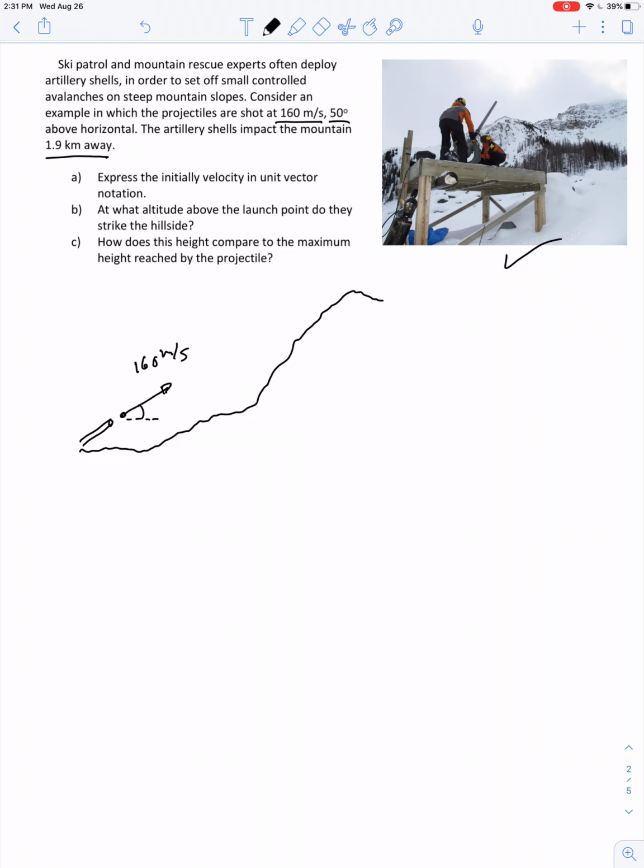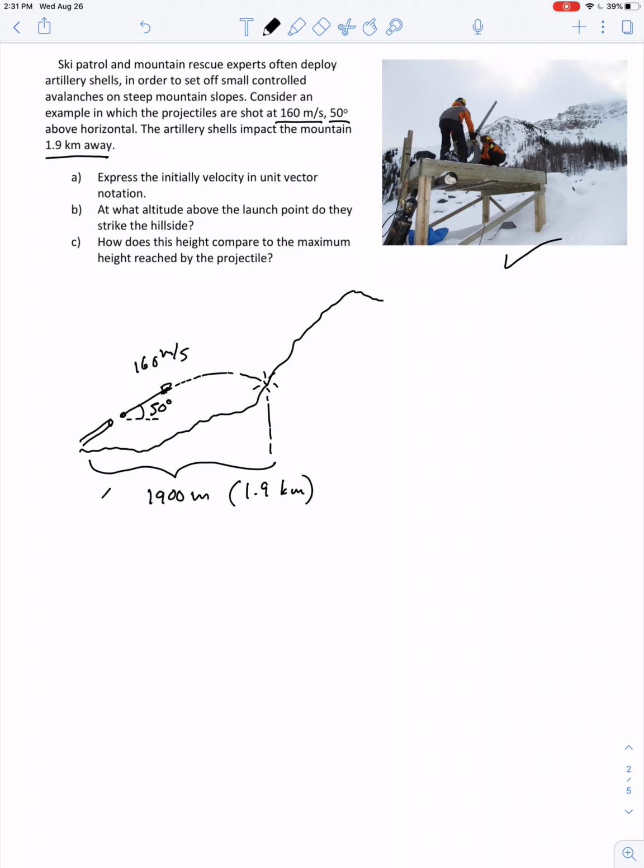The angle from horizontal is 50 degrees. It follows more than half a parabola, ends up striking the hillside, and I think what's implied in this problem is that the horizontal distance to the point of impact is 1,900 meters, or 1.9 kilometers.